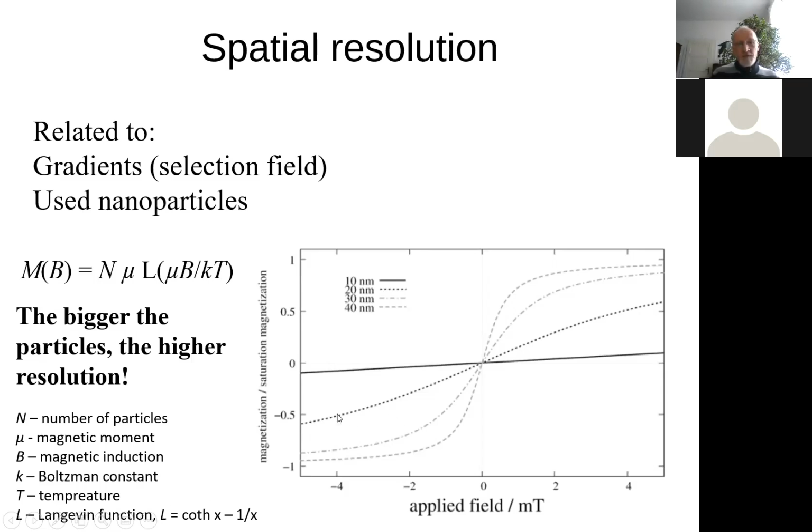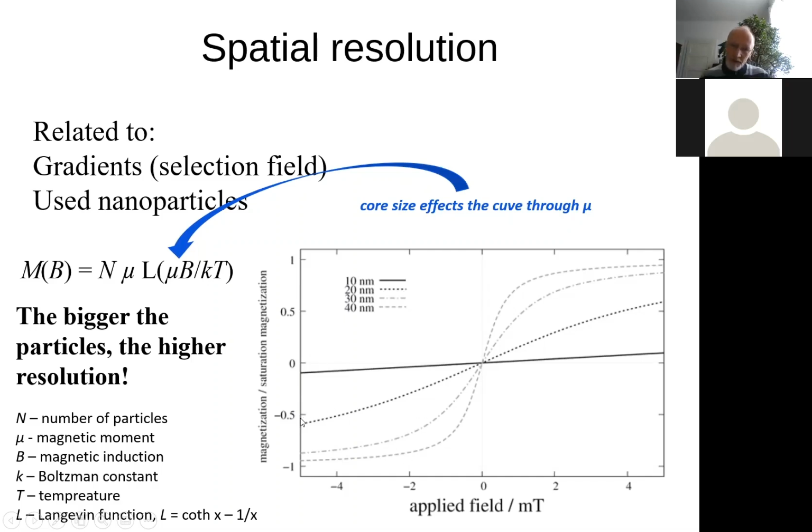But if you look at this image, you can see that the size of the particles defines how steep the curve will be. This is given by the effect of mu, because the core size is related to the magnetic moment.